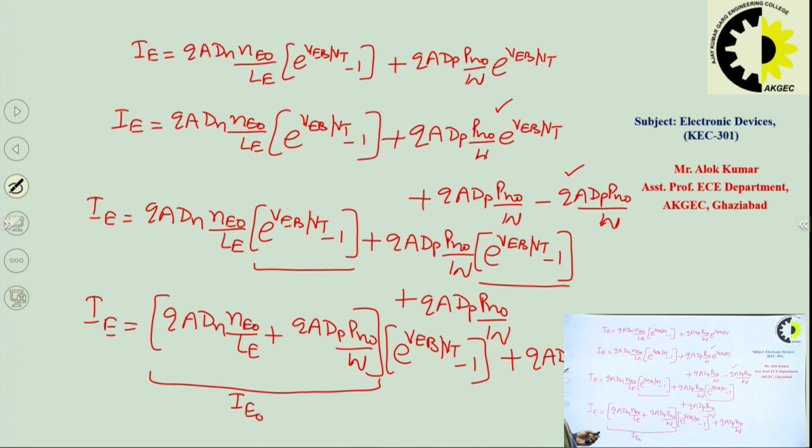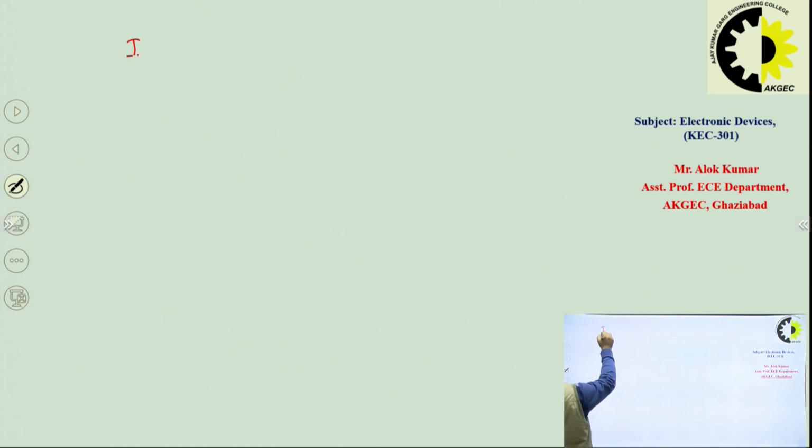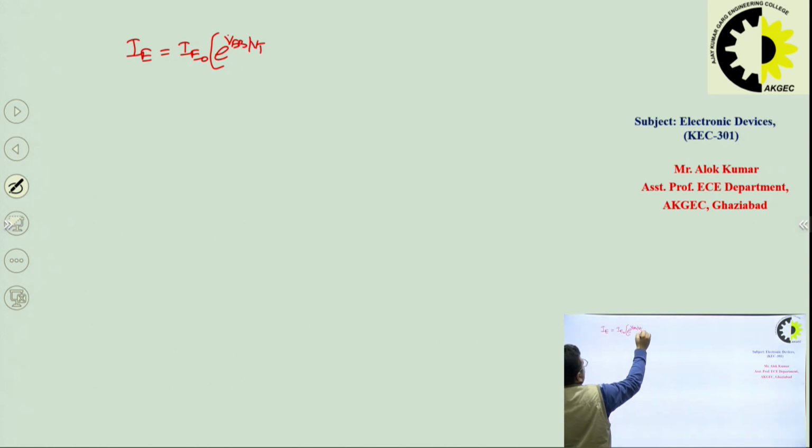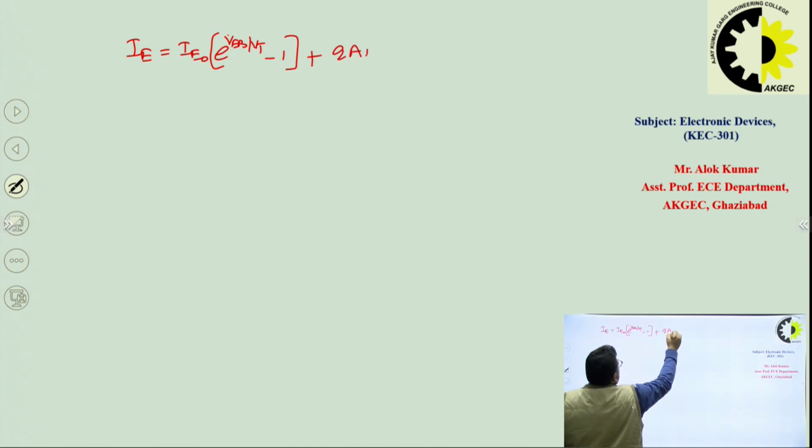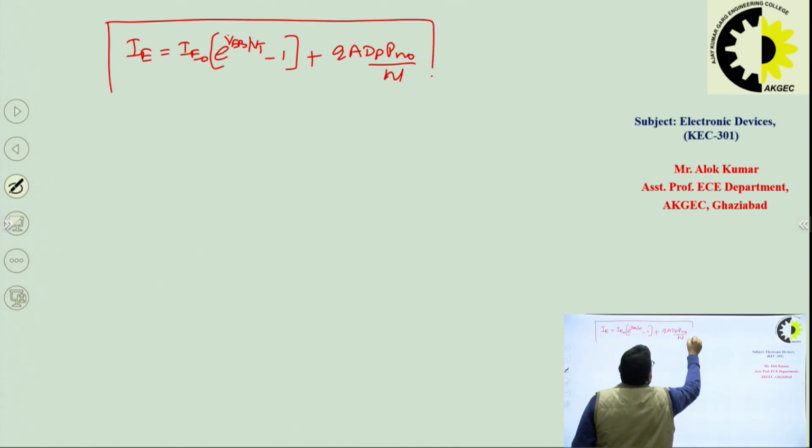So the final value of IE will be IE naught into e to the power VEB upon VT minus 1 plus QA dP Pn naught upon W. This will be the final value of IE.